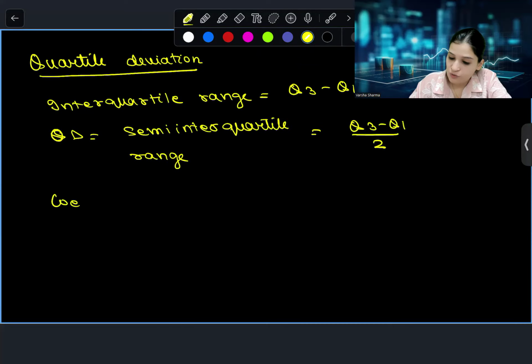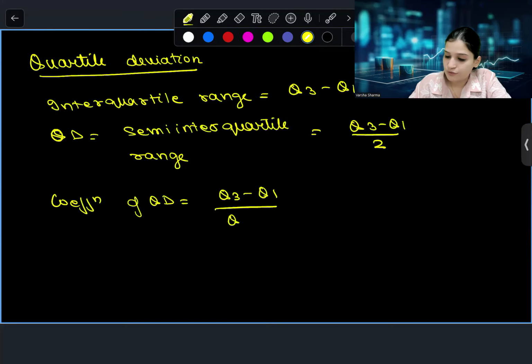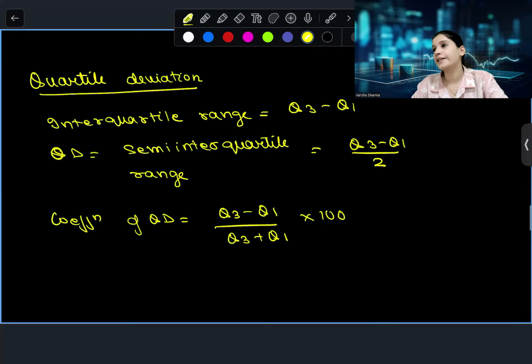The coefficient of quartile deviation will be Q3 minus Q1 by Q3 plus Q1 into 100. Clear? For this, the only thing we need to know is finding Q1 and Q3. If we know that, our sum is extremely easy.